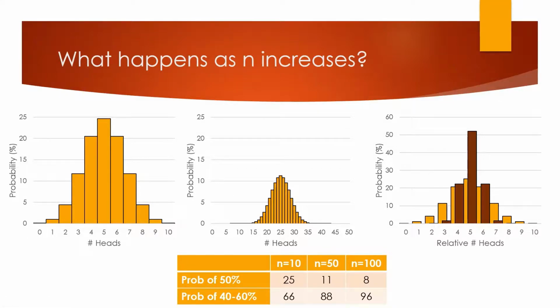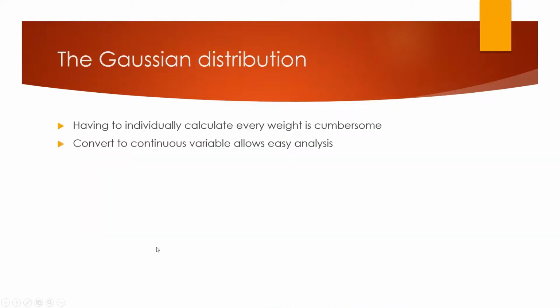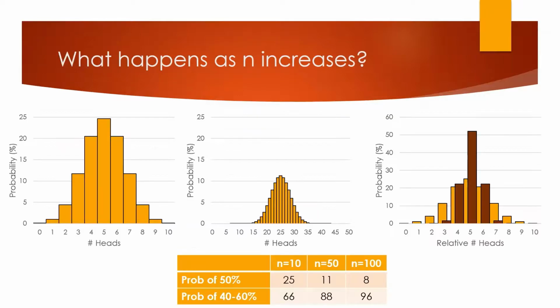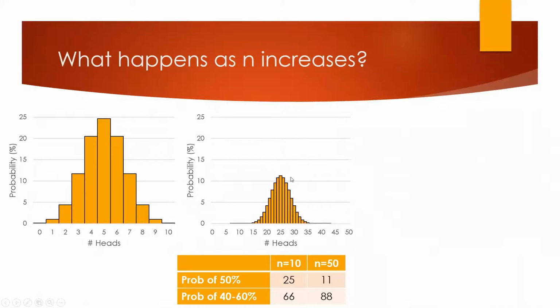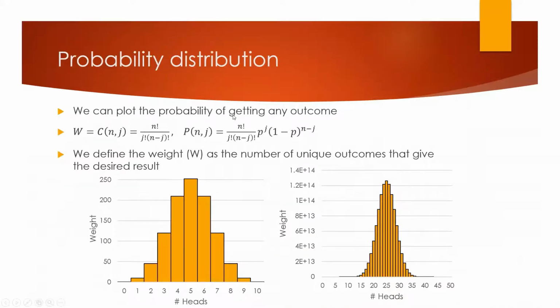The next thing we can do is convert these probability functions from these discrete variables to continuous variables. And we'll do that using the Gaussian distribution. The reason for this, like we mentioned in the beginning, is that it's actually a pain to go through and generate plots like this. For this plot, I had to use this equation here for every number between 0 and 50 heads.